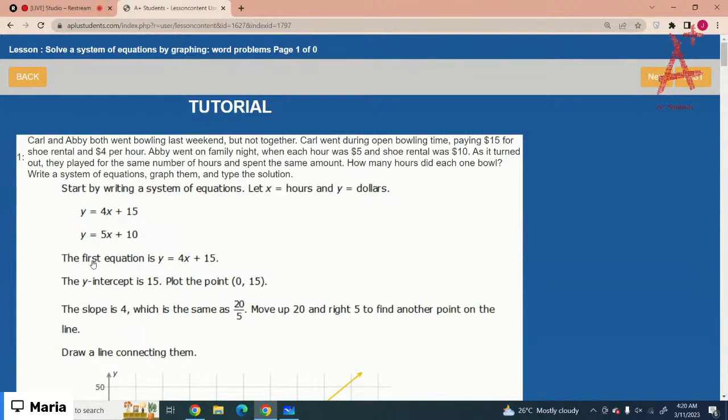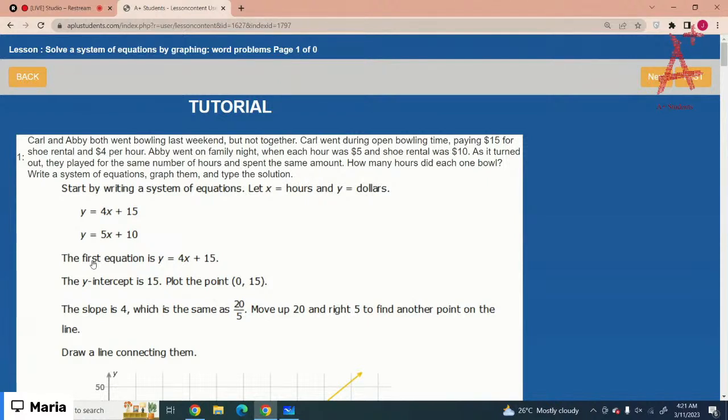Abby went on family night when each hour was $5 and shoe rental was $10. As it turned out, they played for the same number of hours and spent the same amount. How many hours did each one bowl? Write a system of equations, graph them, and then type the solution.